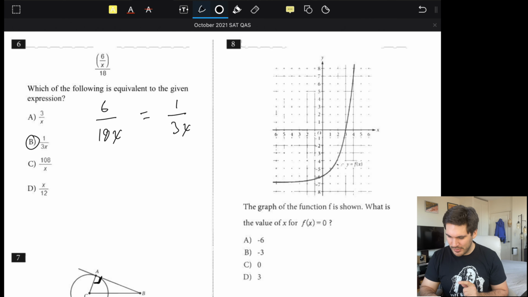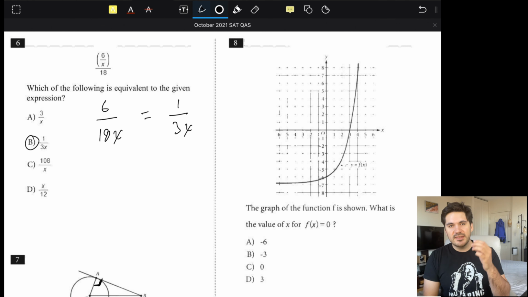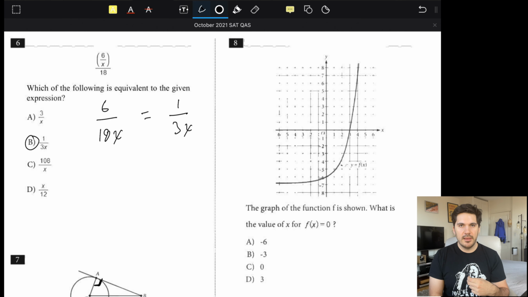Okay, number 8. We have this graph. What is the value of x for f of x equals 0? When they say f of x equals 0, what that means is y equals 0. The notation f of x just means the value of y for some specific value of x.